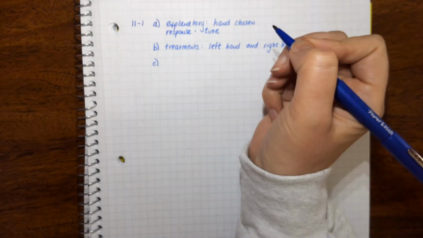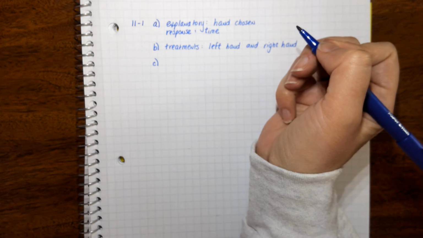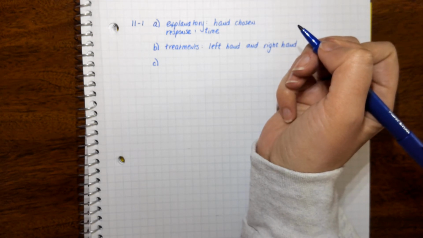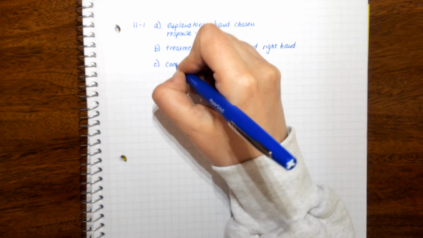C. Describe the design. Is it completely randomized, blocked, matched pairs, or other? Okay, this one is completely randomized.